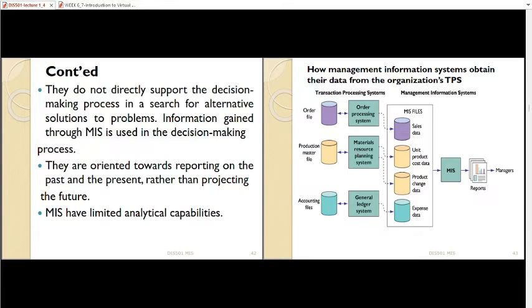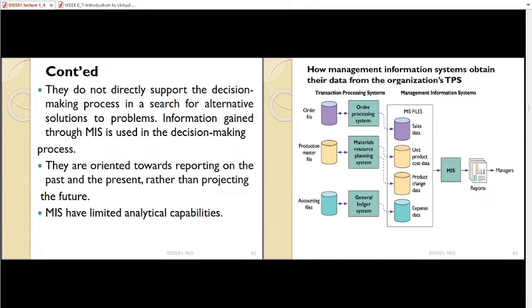Now, how do management information systems obtain their data from the organization or TPS? You can see we have a figure here. If you look at the accounting and production, and then we have the order, all these can be stored in different databases.